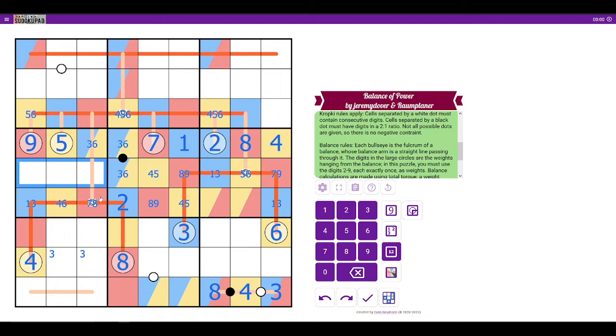Do we have any other forced anythings that I'm missing? There has to be an 8 up here.